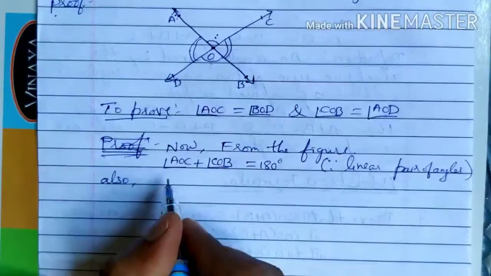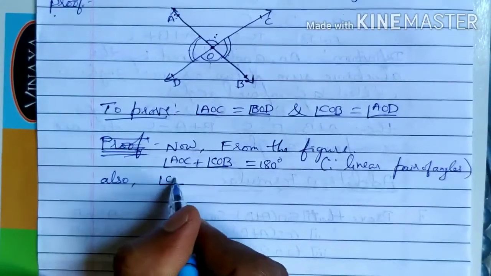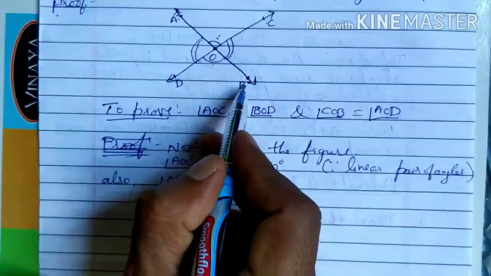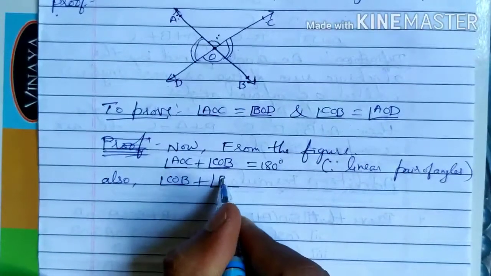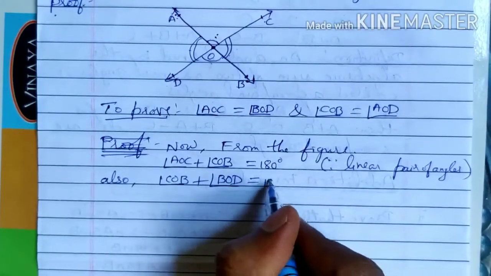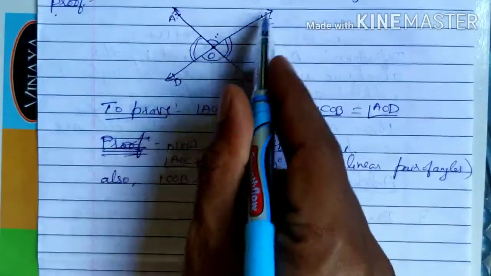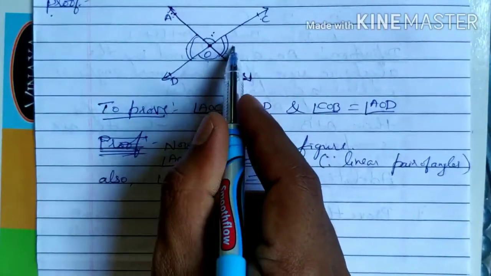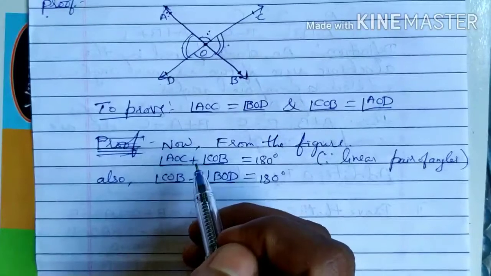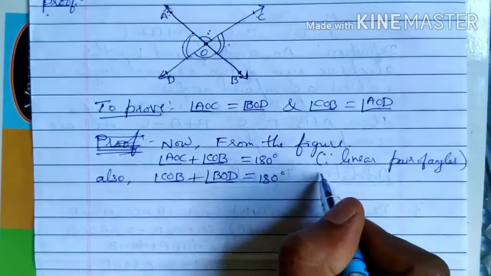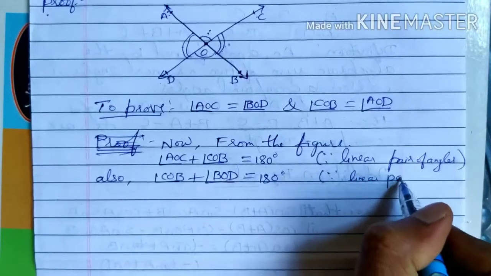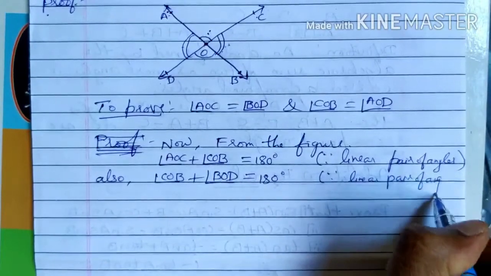Also angle COB plus angle BOD is equal to 180 degrees, because CD is a straight line, so these two angles, a linear pair of angles, will be equal to 180 degrees. Same reason, because linear pair of angles.